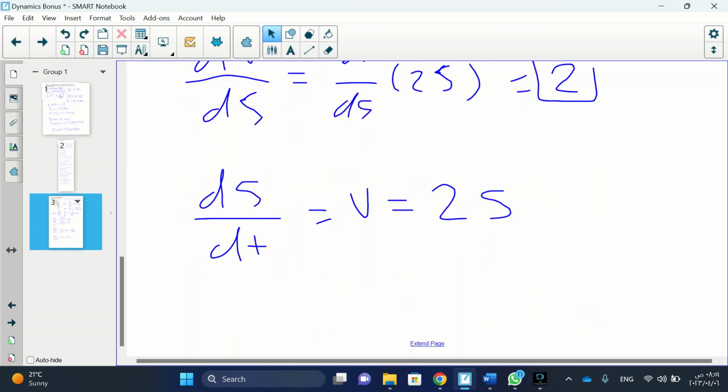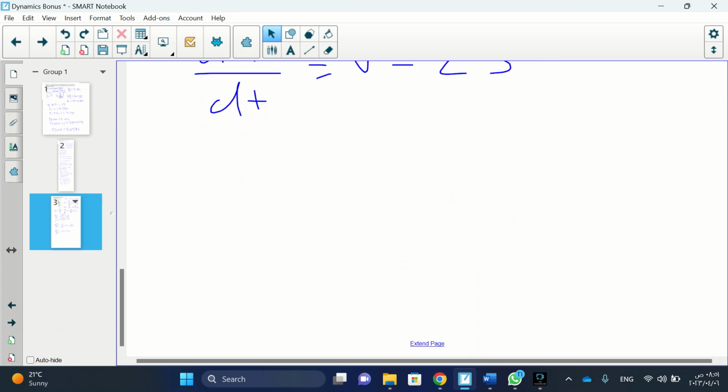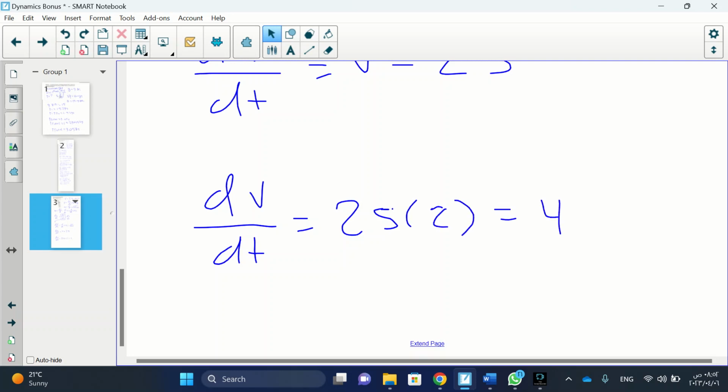So we know also that dv over dt is dv over ds times ds over dt. So we will just multiply them. We will say dv over dt is equal to 2s times 2, which will give you 4s.